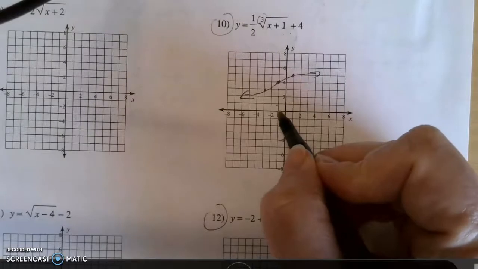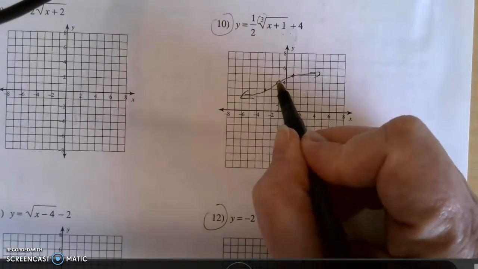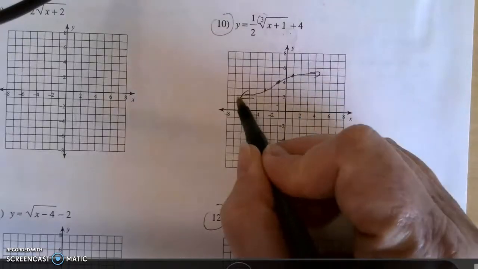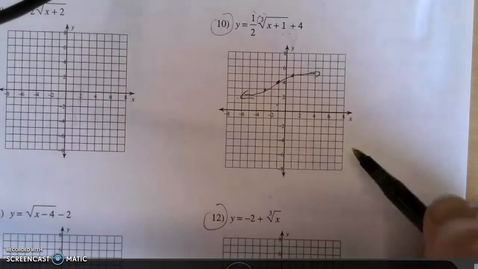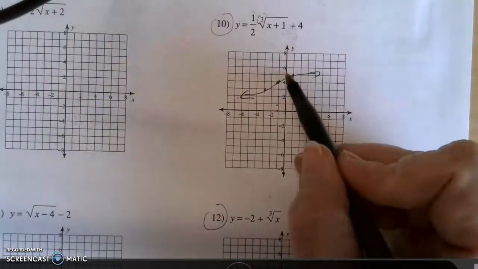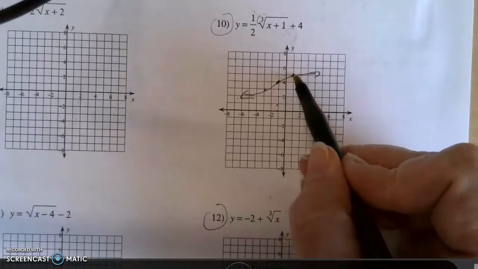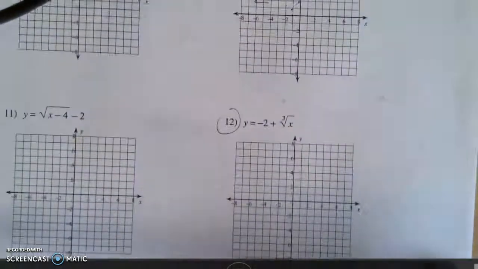So I went left 1, up 4, and then I've got my function. And this is a width change. So instead of going like this, it's going up 1 over 2. So it's a little bit skinnier.